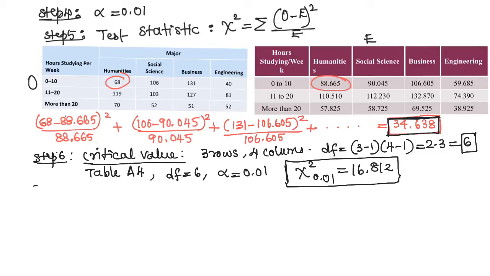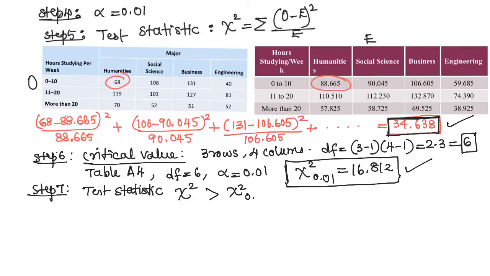Then check whether the test statistic is greater than the critical value or not. If it is greater than the critical value, then we reject the null hypothesis. So this is the test statistic and this is the critical value. If you compare that, you can see the test statistic chi-square is greater than the critical value.